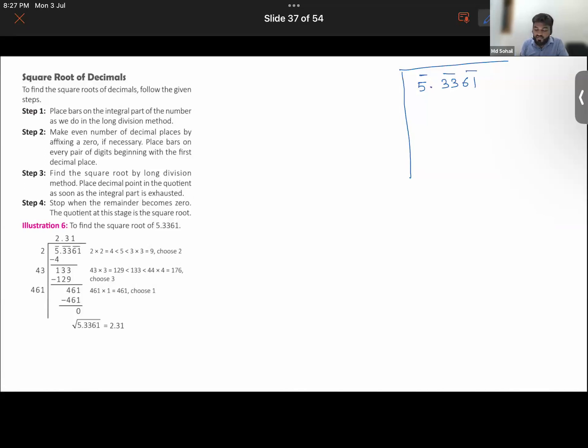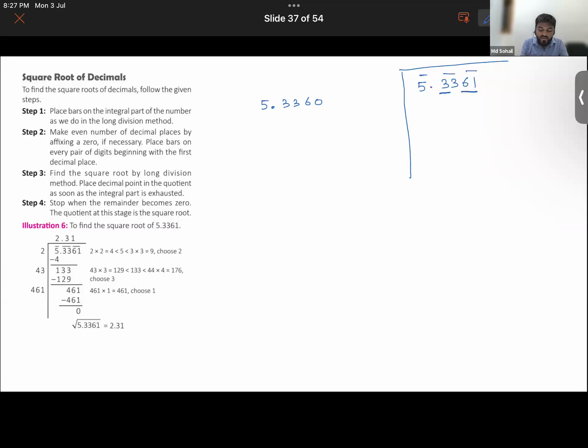The decimal places, 3361, are here in even number, right? If they are in odd number, you can make them even by adding 0. Suppose the number was 5.336, you can make it even by adding 0 to it, because after the decimal, no matter how many zeros you write, it does not change the value of the number.